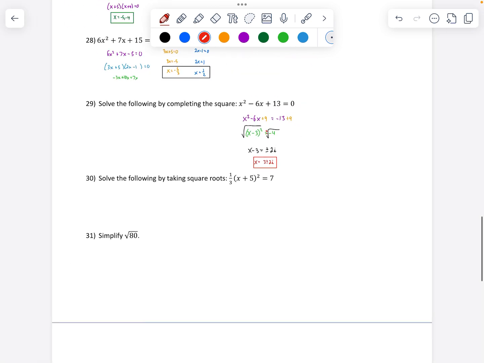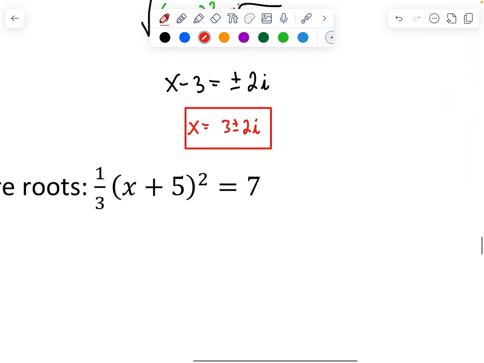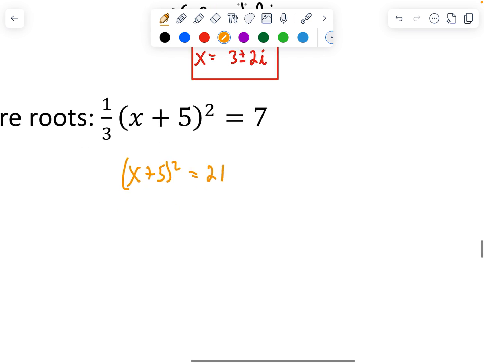All right, 30 is a similar problem. We're going to get to the same step, actually. Get the thing being squared by itself. Sometimes there's another number out here, like plus 10 or whatever, and then you subtract 10 first, then get rid of the 1/3. I'm going to multiply by 3. That gives me x plus 5 squared equals 21. Now I can square root both sides.